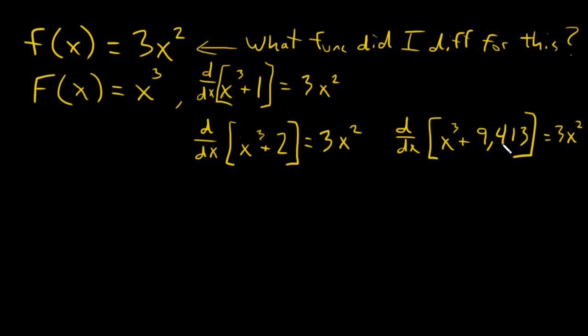The answer is it could have been any of them, and we have absolutely no way of telling. So a way to represent that uncertain value, notice that in every case, constant, constant, constant, the constant disappears during the differentiation because it becomes a 0.